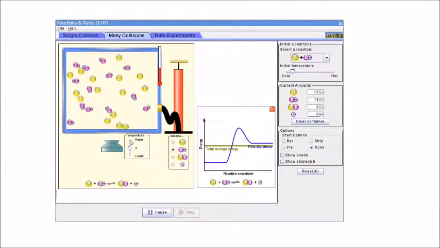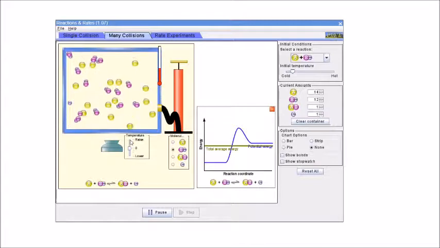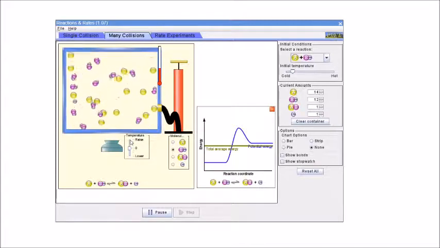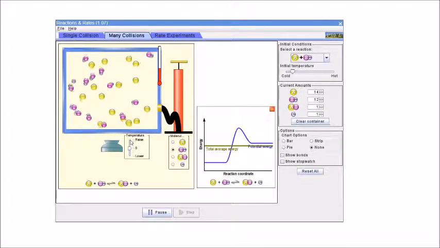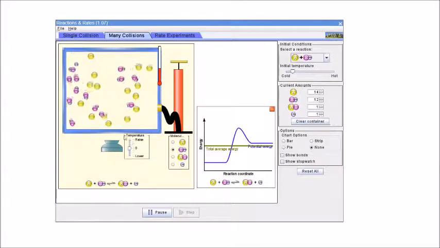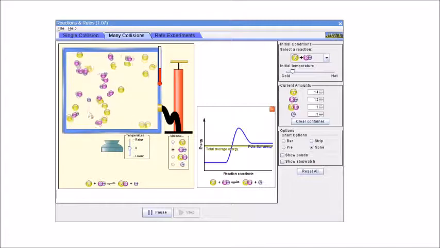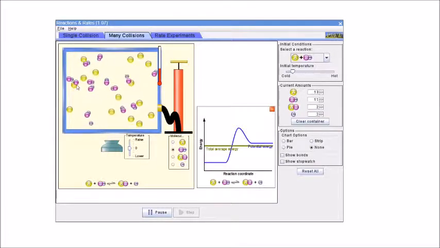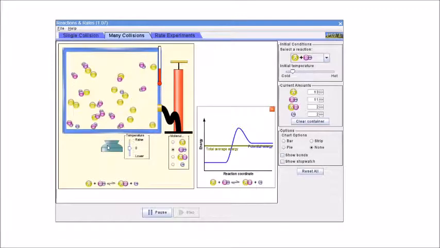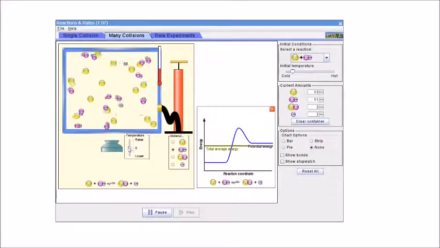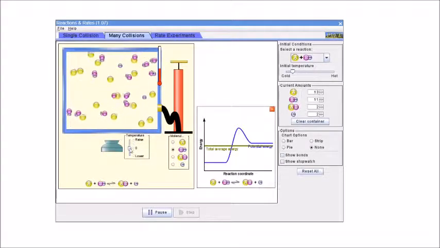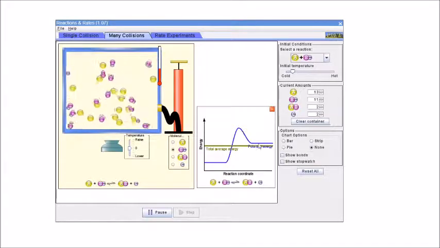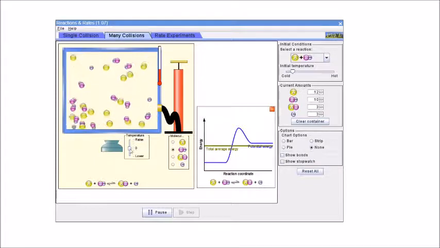if I increase the concentration, then the probability of the reactants colliding at the right orientation is higher. So if you notice, there's one of the products right there, and here's the other one. If I increase the temperature, meaning energy, then I can overcome the activation energy required to make the products.